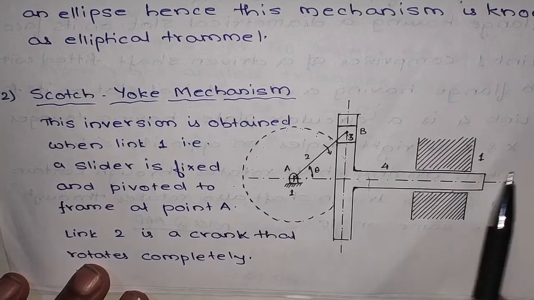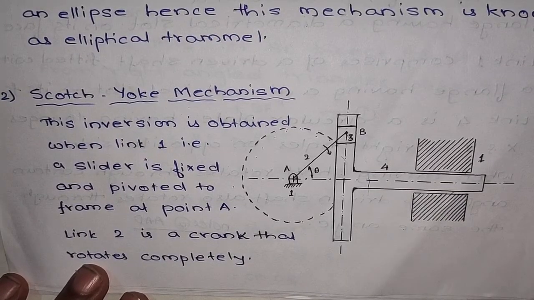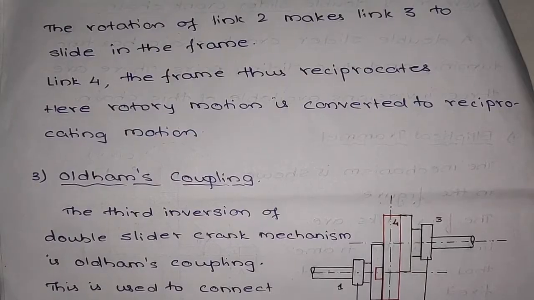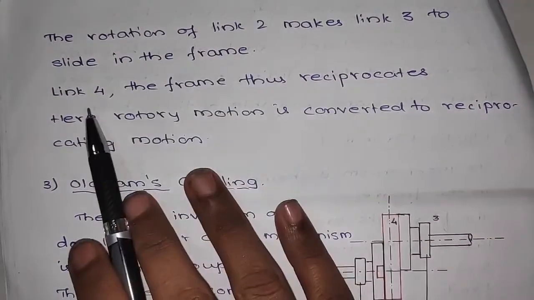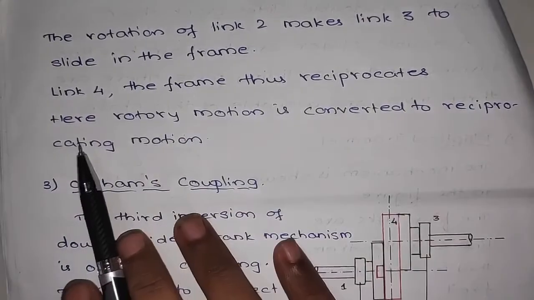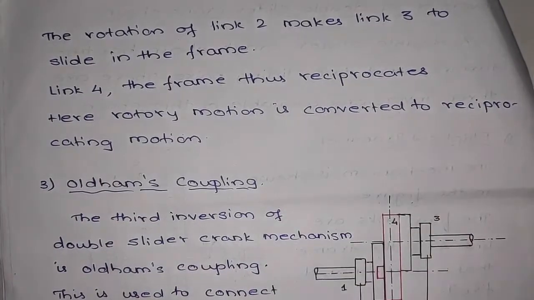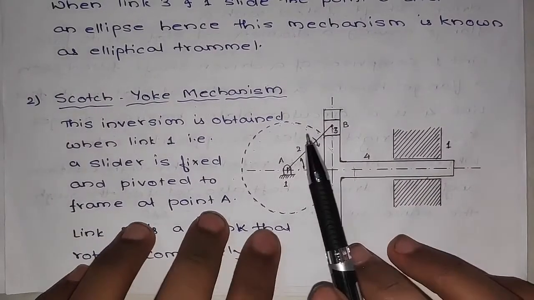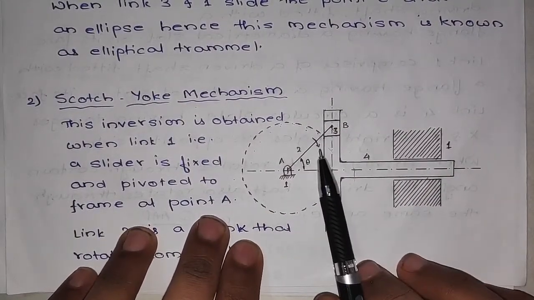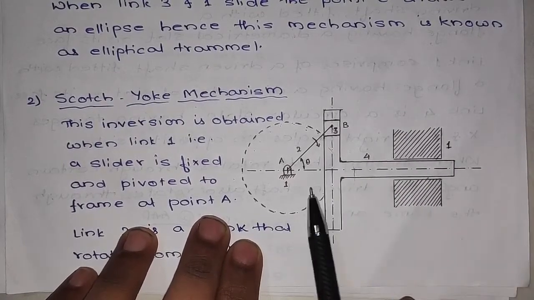So there will be oscillatory motion of this T frame. So let us see this. So the rotation of link 2 makes link 3 to slide in the frame. Link 4, the frame thus reciprocates here. Rotary motion is converted into reciprocating motion. That is, when there is circular motion of this crank, we will have reciprocating motion of this link number 4.